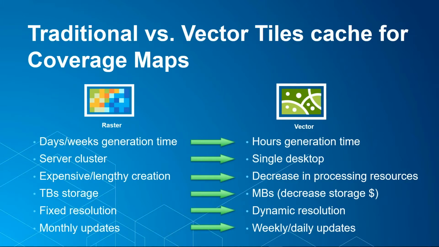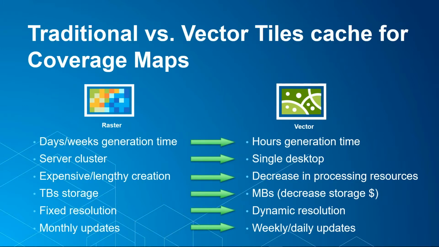But you can see a ton of benefits from converting from raster to vector data and then caching those vector tiles. So the reason for the value that we see here is because a vector feature isn't as complex as a raster PNG.